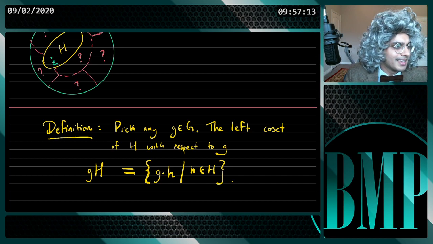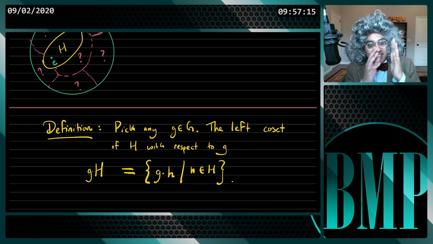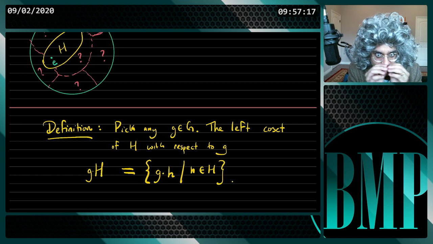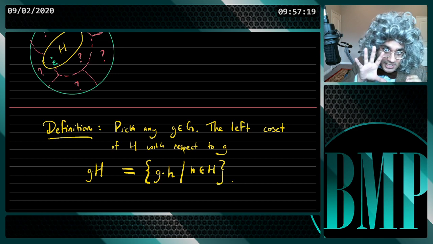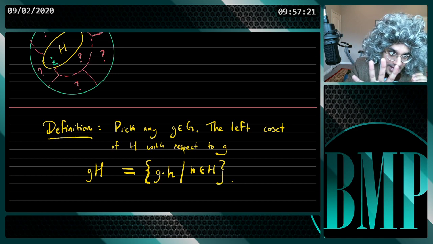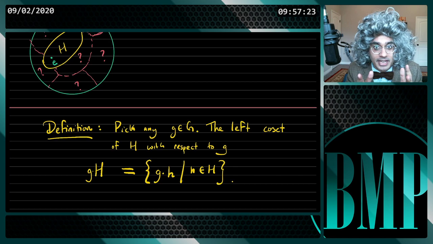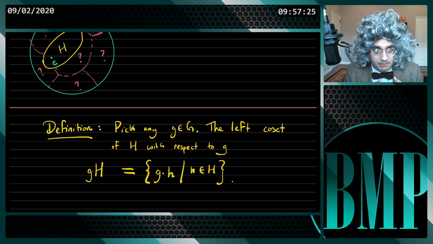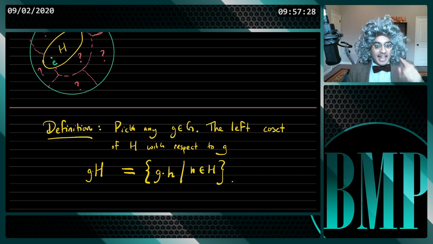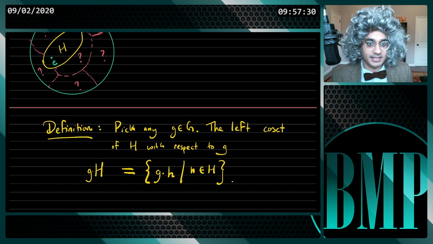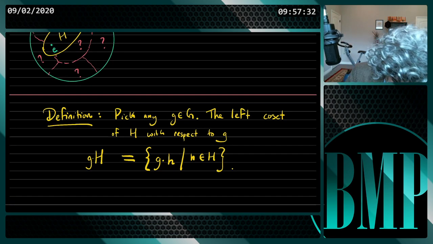Put the little g on the left, slap the whole group H, and take all those multiplications and circle them. Okay? That set is a left coset of H. This is called a left coset.